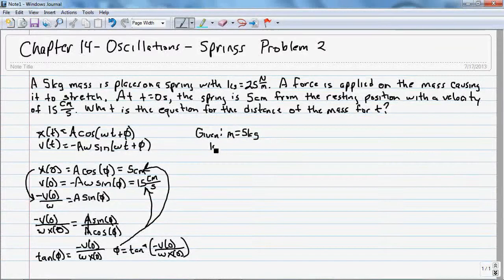The k of the spring is equal to 25 newtons per meter. My x initial is 5 centimeters. And my v initial is 15 centimeters per second.